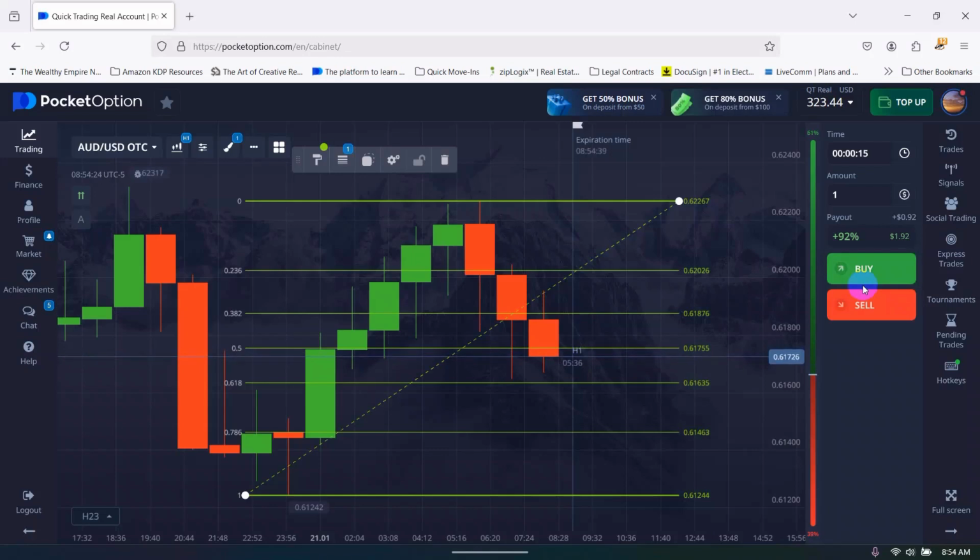Drop down. Let's see if that buy will go. If that buy goes, then we're gonna be done for the day because go up.